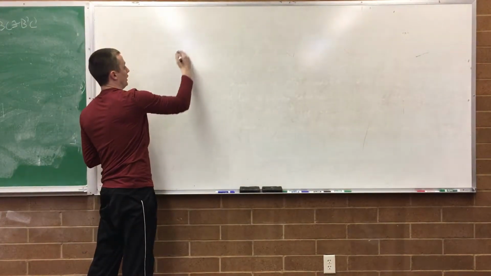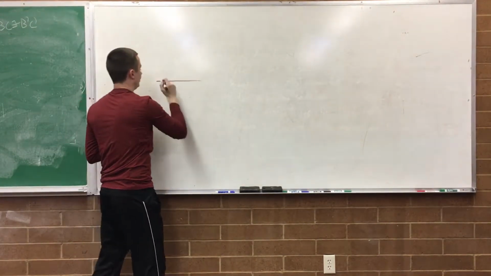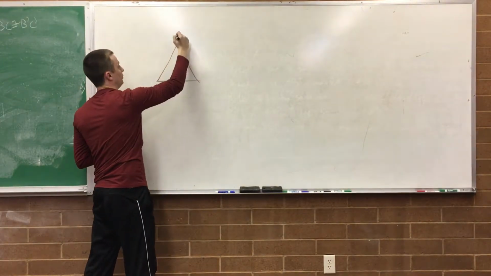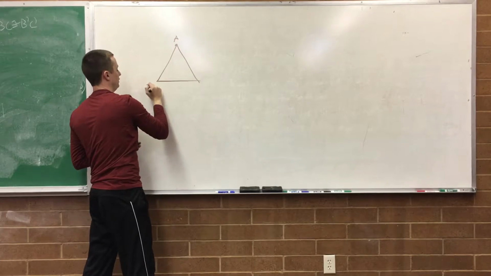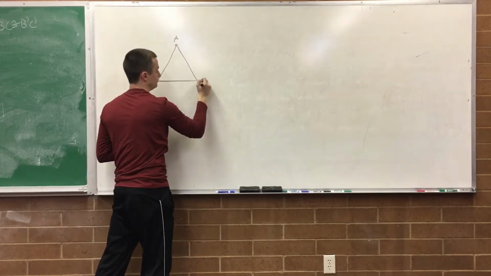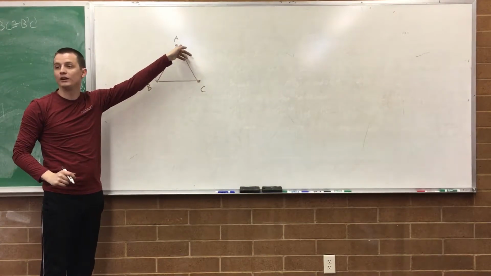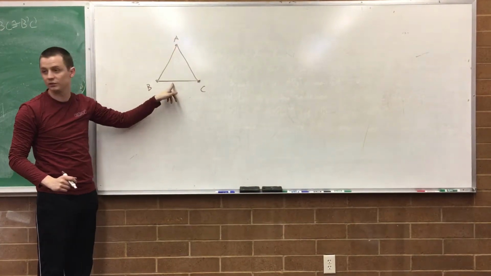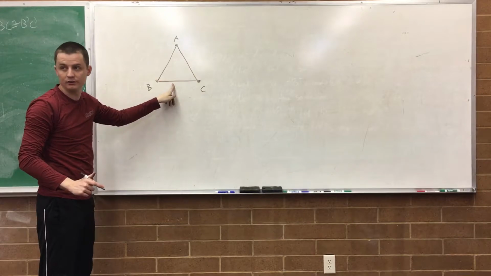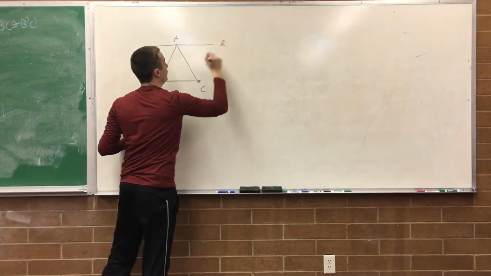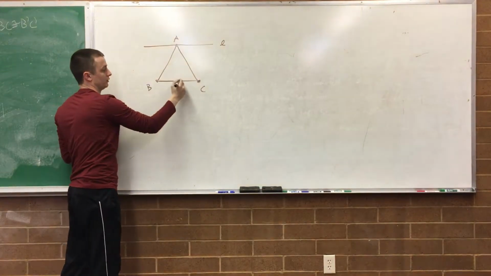So here's how we're going to do that. Here's some triangle ABC, doesn't matter how we draw it. I'll do my A up here, and then BC down here. We know through A, there is one and only one line parallel to BC, right? Yeah, right. So let L be the line through A parallel to BC.